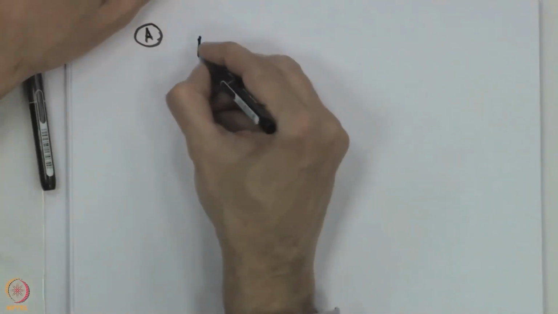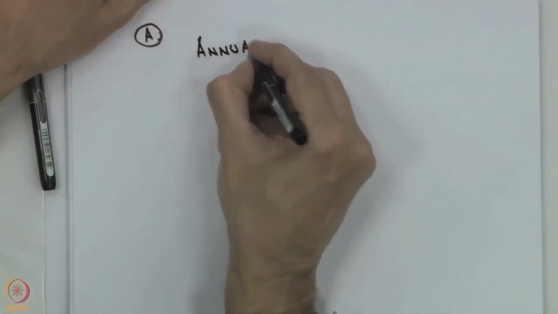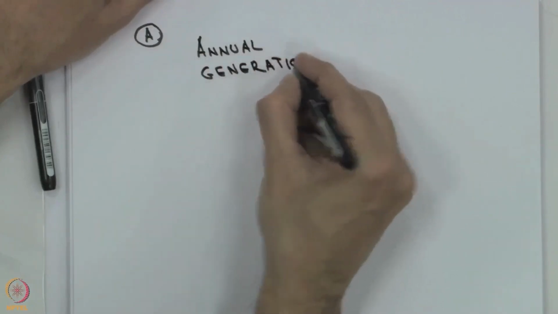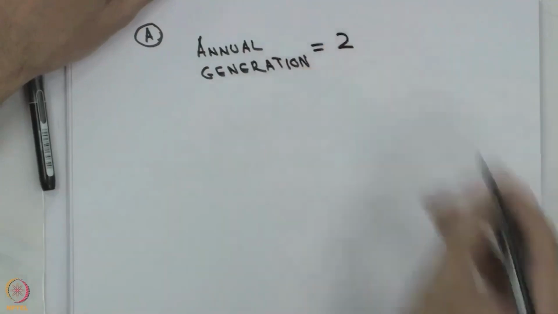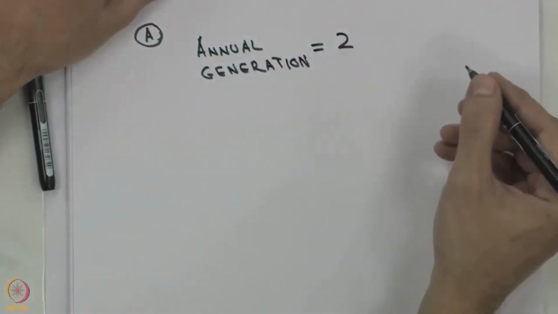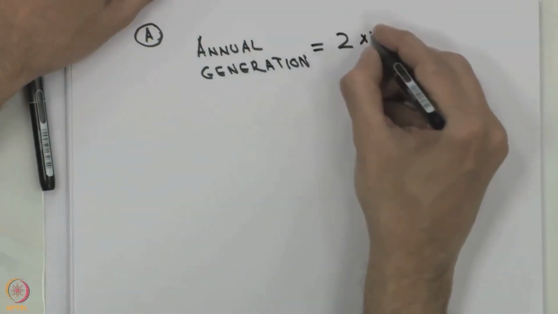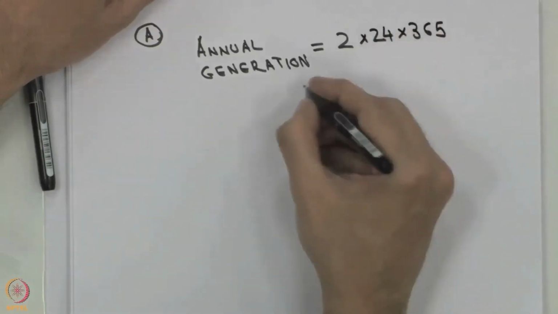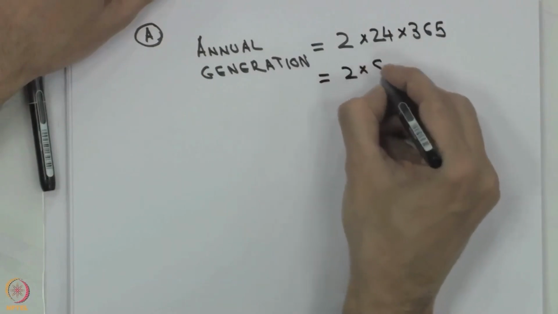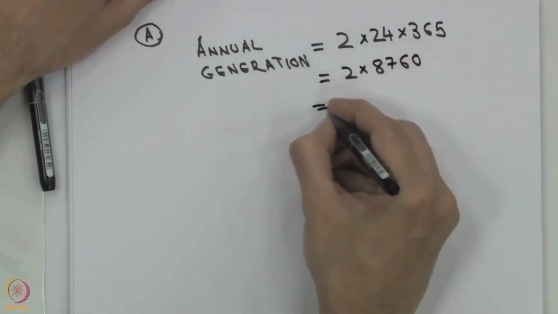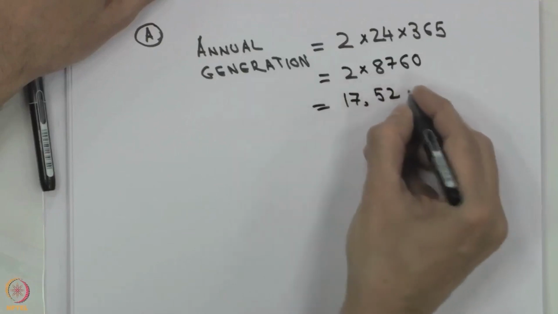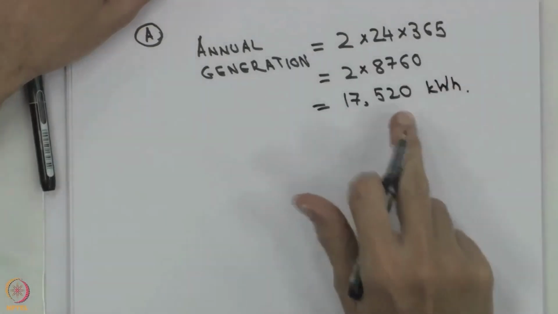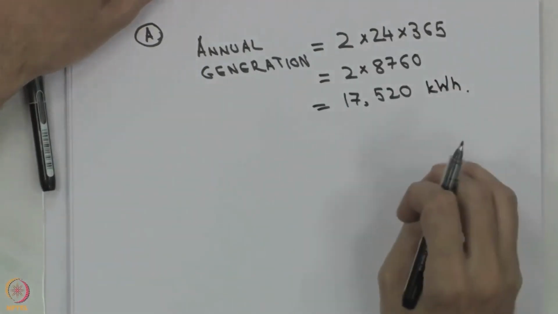So, annual generation is 2 kilowatt per hour, that means in an hour 2 kilowatt hour into 24 hours in a day into 365, since this is the average, and this is nothing but 2 into 8760, which is 17,520 kilowatt hours.